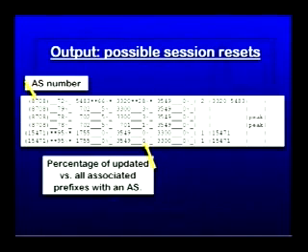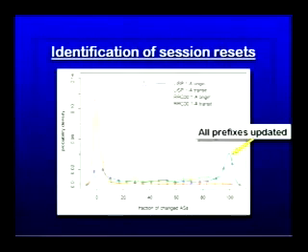So this means for each AS, we keep track of which prefixes are associated with an AS from our collection point of view, of course, and then we count for a 6-minute window how many of these prefixes have been updated. So the resulting percentage turned out to be a good heuristic for identifying session resets.